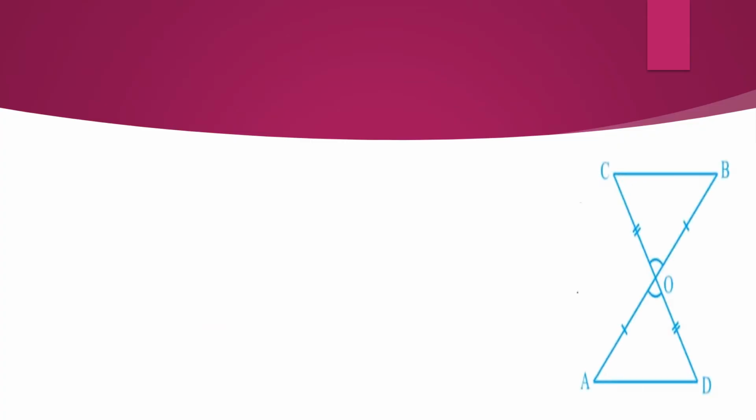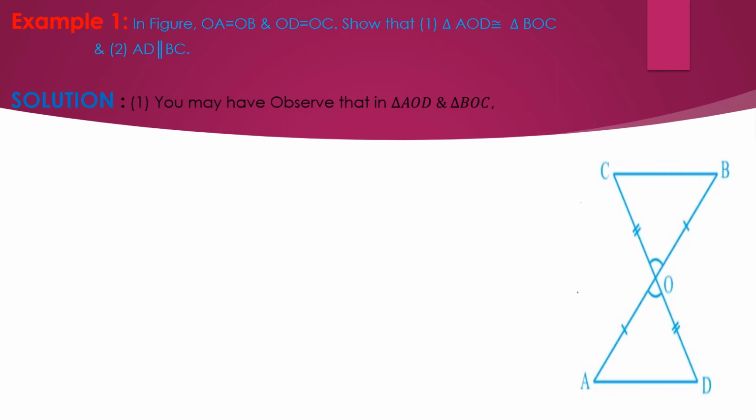Now, according to the SAS congruence rule, we will solve some examples. Here you can see the figure. Two triangles are formed, triangle AOD and triangle BOC.